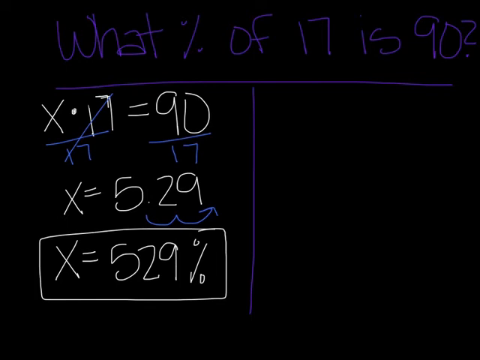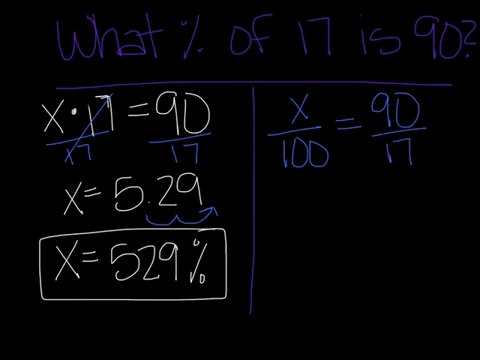So let's take a look at if we wanted to write this as a proportion. So again we're looking for what percent, so x over 100 is 90 out of 17. So notice really quickly that on the bottom here we have the whole amount. So 100 is the whole amount for percents, right? Everything's out of 100%. And 17 is the whole amount in this particular statement.